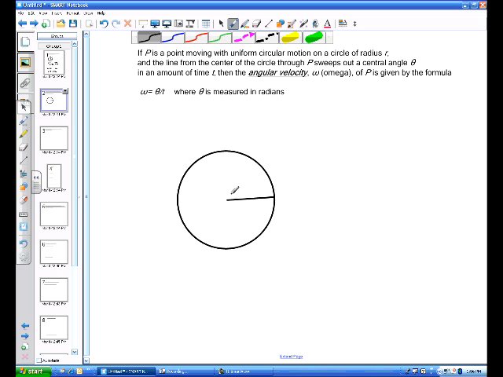As the whole line moves and sweeps out a central angle of theta in a specific amount of time, then how fast that angle is changing is equal to whatever your angle is divided by how long it took to change from that amount.